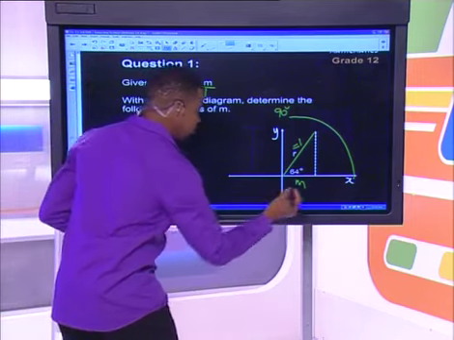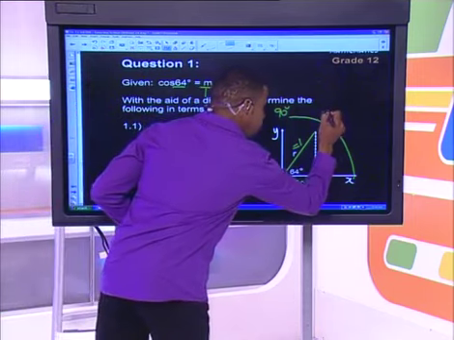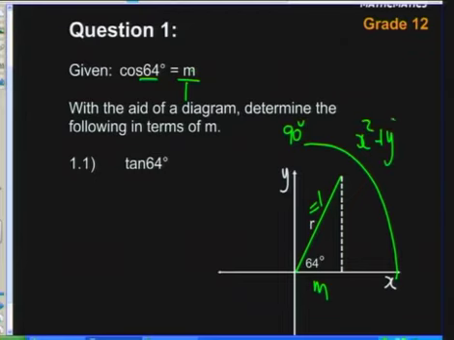If I use Pythagoras, I have x squared plus y squared is r squared. I want y, the y-axis. So y squared is r squared minus x squared. Good, fantastic. This is beautiful. What is r? It's 1 squared. What is x? It's m squared.